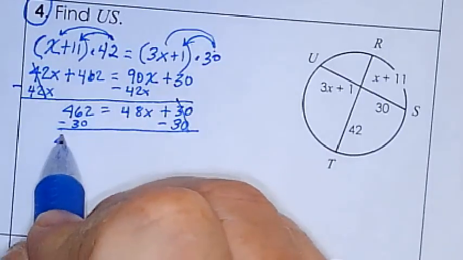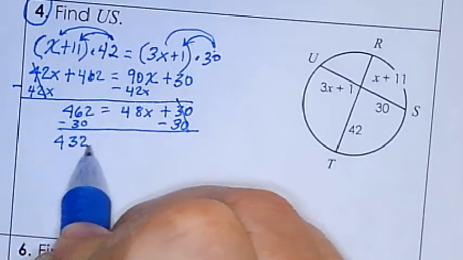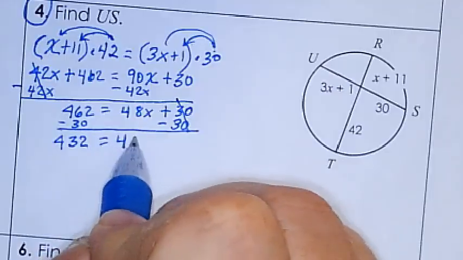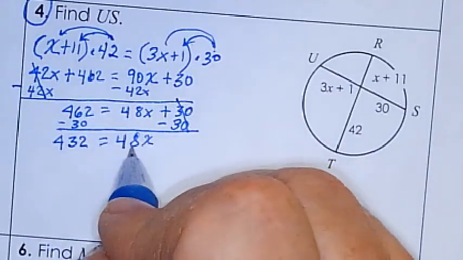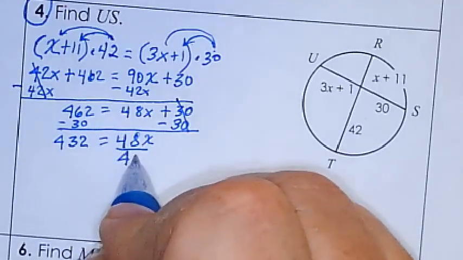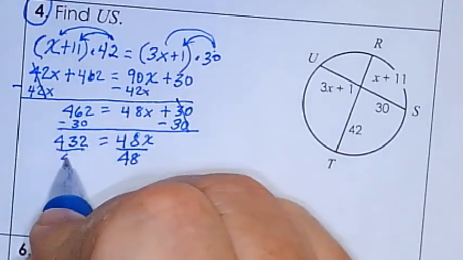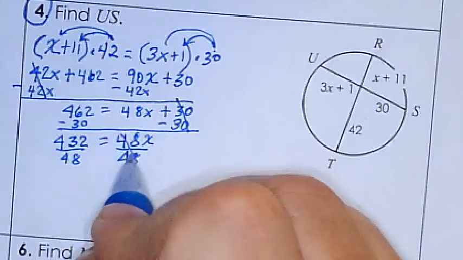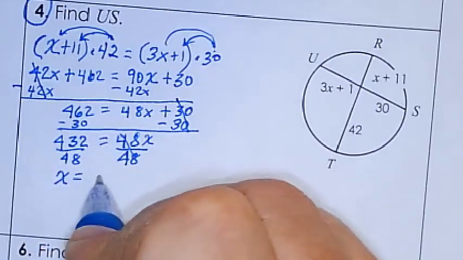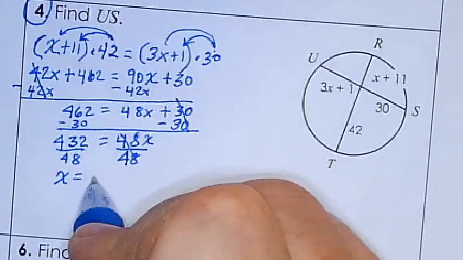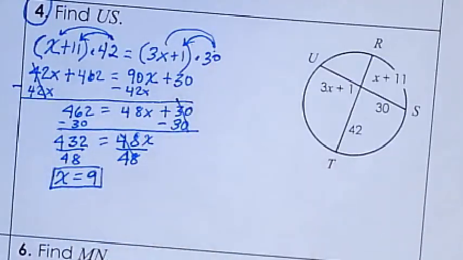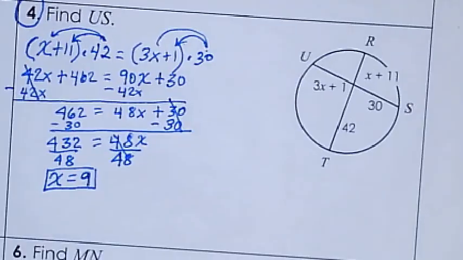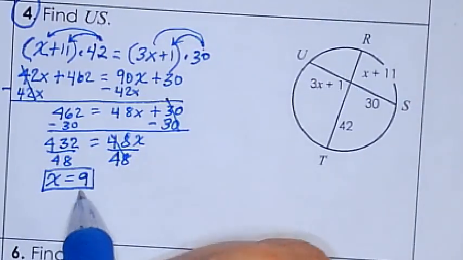In the final steps of this equation, divide by 48. Divide by 48. Thank you for the calculator. We get x equals... Is it 9? Yeah, 9. And then some people would say, oh, I'm done. This is so EOC-ish, it's not even funny, because they're not telling you just to find x. You got to plug in to find US. Hold on a second. How do you get 58?